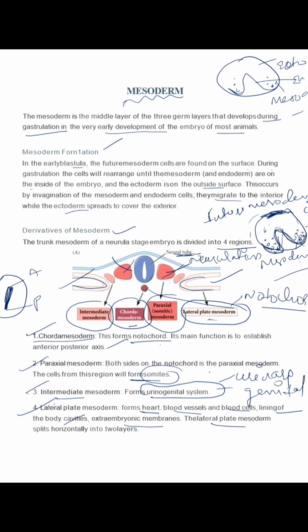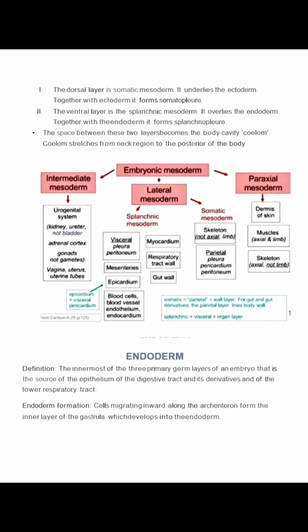The lateral plate mesoderm splits into two layers. The lateral plate mesoderm, which is the fourth part of the mesoderm, is divided into the dorsal layer and the ventral layer. The dorsal layer is the somatic mesoderm.